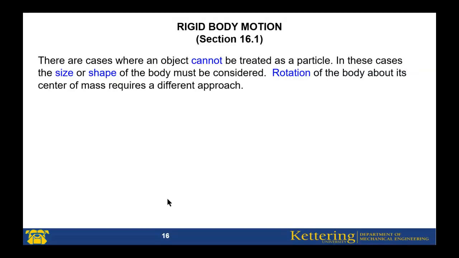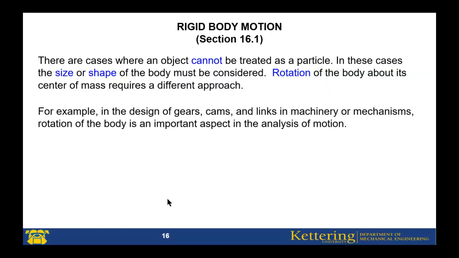But here, because this rigid body has size and shape, we will consider the rotation. And for rotation, we can find the velocity and acceleration of the body at any point, inside of the rigid body or outside. Examples related to mechanics, design of gears, cams, springs, are examples of rigid body motion analysis.